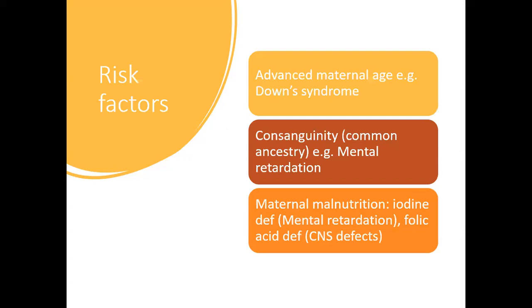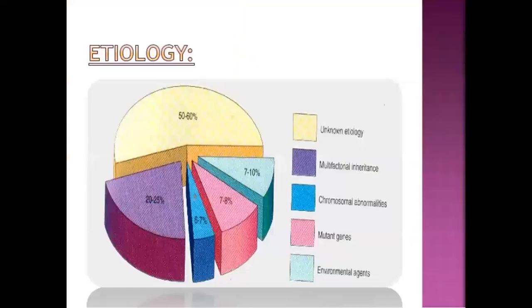The older a mother is before giving birth, the higher the risk of giving birth to children with congenital abnormalities. Patients with Down syndrome, consanguinity, and ancestral lineage, as some congenital abnormalities are common in some ancestral lineages. Maternal malnutrition and iodine deficiency can lead to mental retardation in the newborn, and folic acid deficiency can lead to central nervous system defects, as we're going to see. So these are some of the common risk factors.